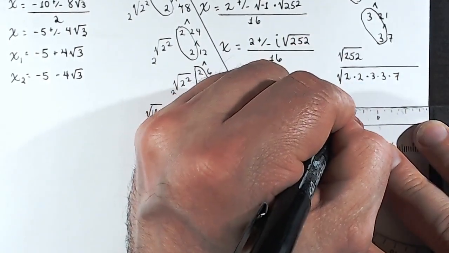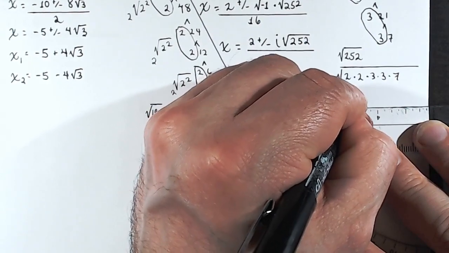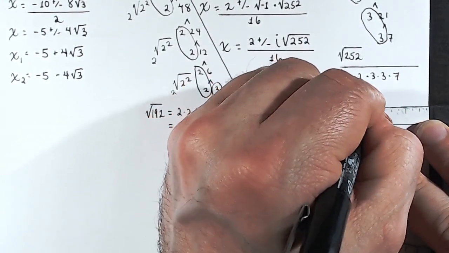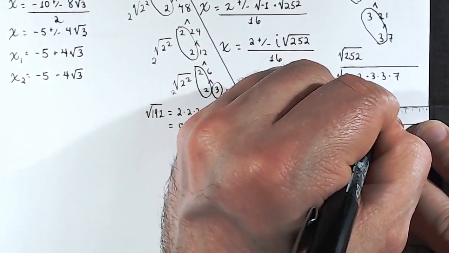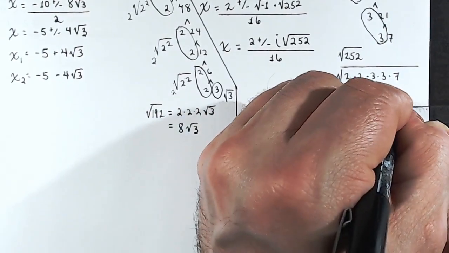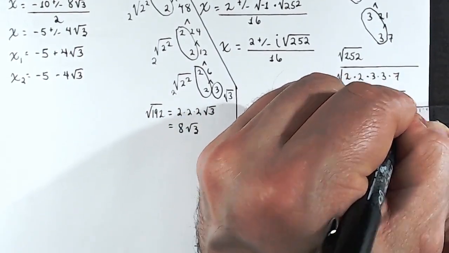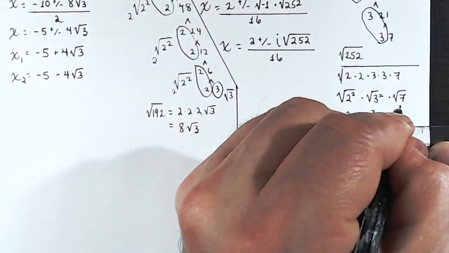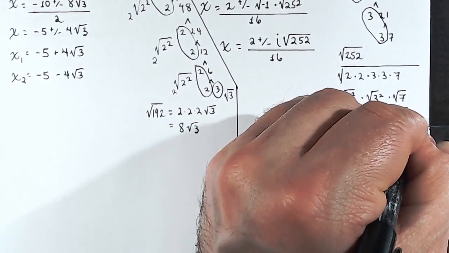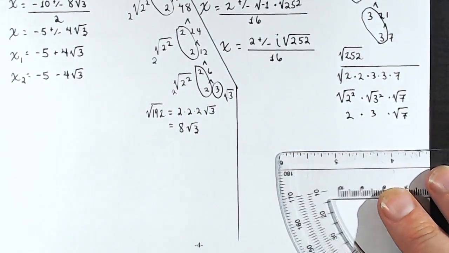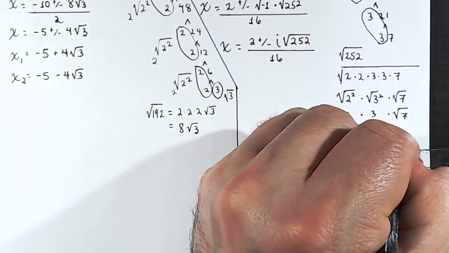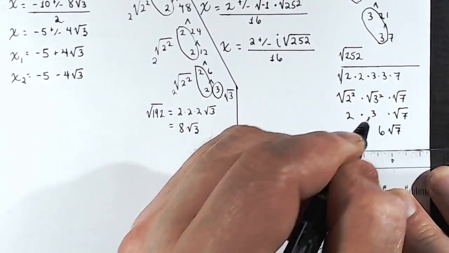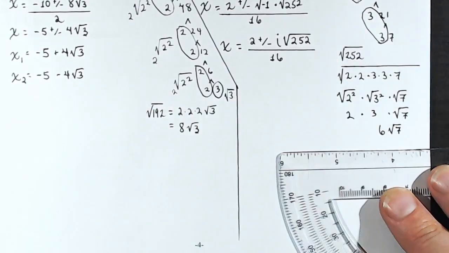I'm covering my writing up again, sorry. Okay, and that simplifies into the square root of 2 squared times the square root of 3 squared times the square root of 7. Well, that simplifies into 2 times 3 times square root 7. And 2 times 3 is 6, so this is 6 square root 7. That is equal to the square root of 252. Okay, that's just the simplified form.